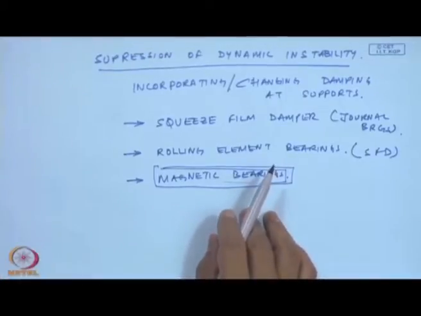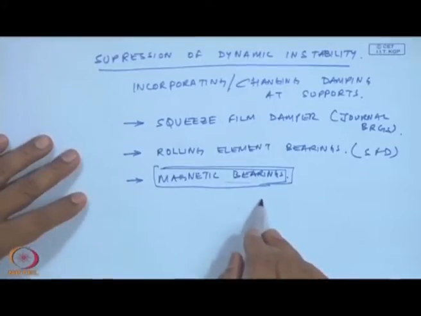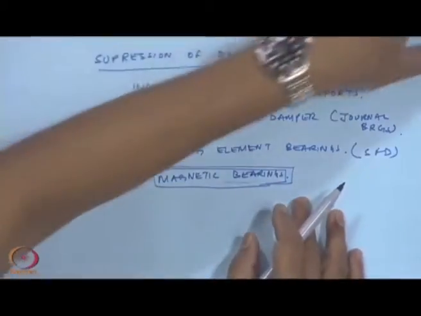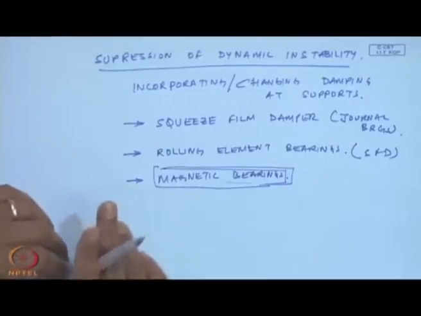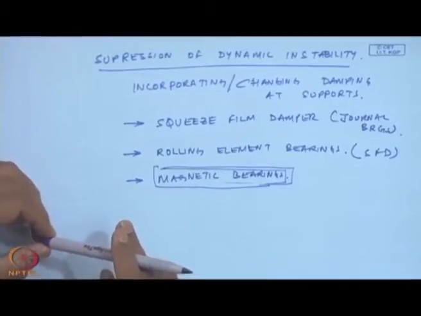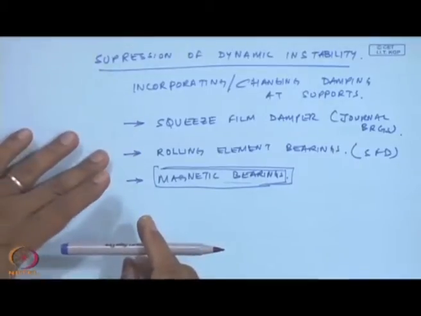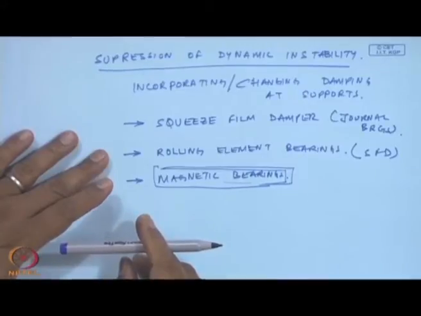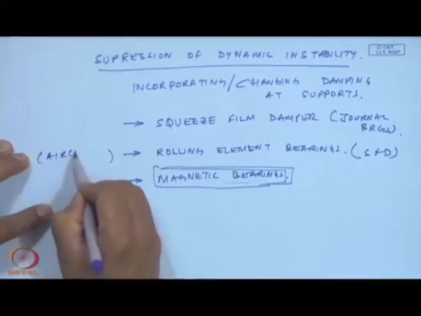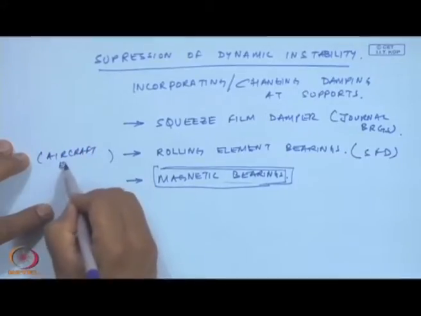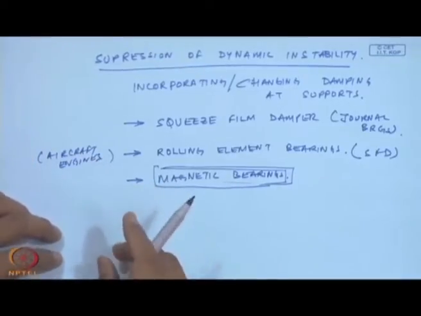In small systems they have been successful, but in large systems there are other issues with using magnetic bearings. But traditionally, squeeze film dampers have been used in journal bearings to suppress this dynamic instability. And though we use rolling element bearings, some amount of SFD, particularly in aircraft engines, has been used to suppress the dynamic instability.